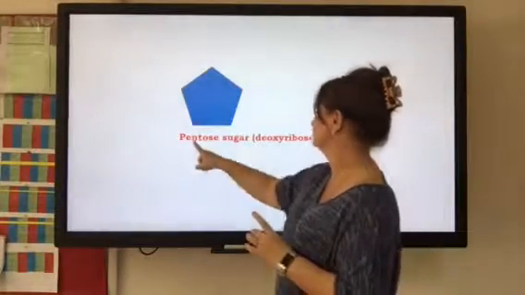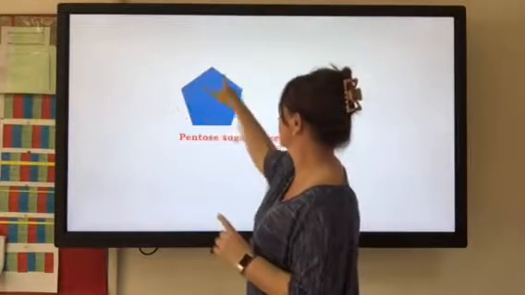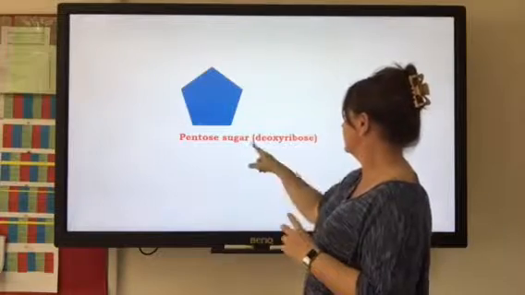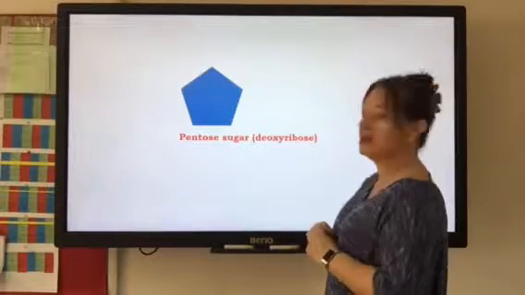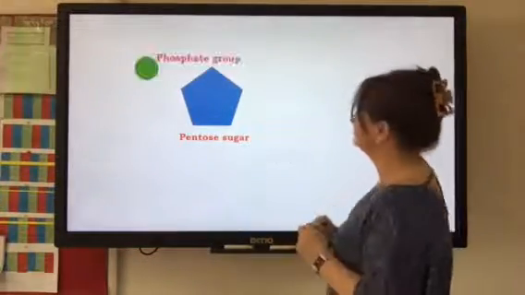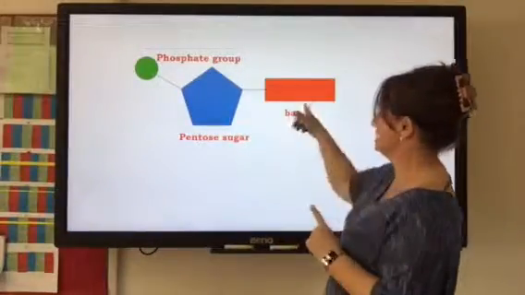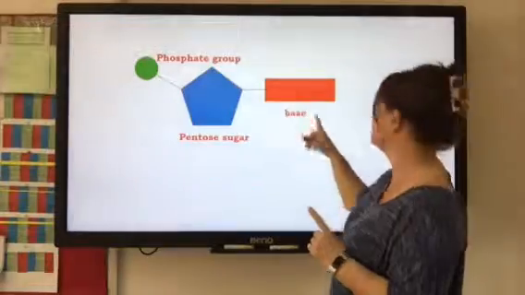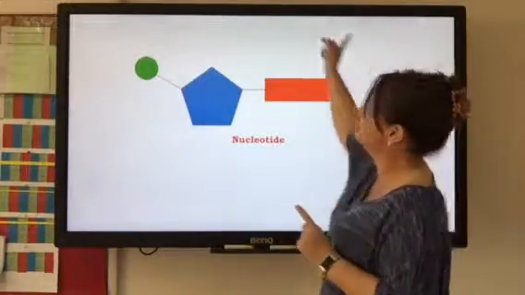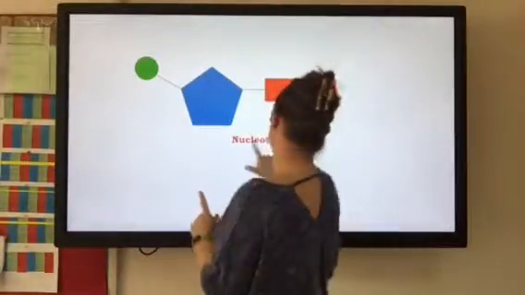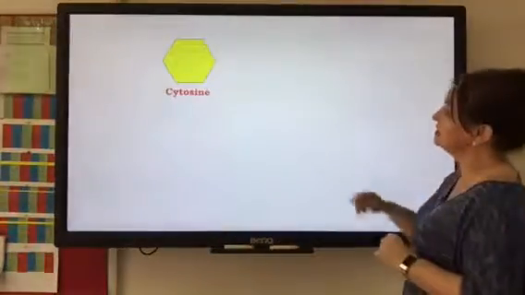Okay, so just to recap, we've got a pentose sugar, 1, 2, 3, 4, 5, and it's called deoxyribose. That's its alternative name. Attached to that, we've got a phosphate group, and also we've got a base, and there are 4 different examples of bases. The whole thing together is a nucleotide.